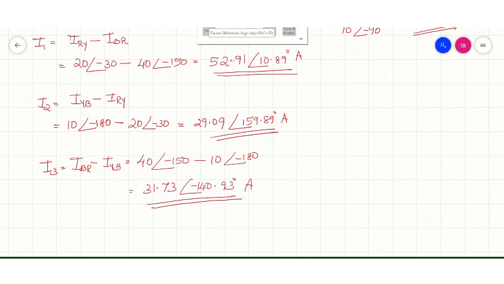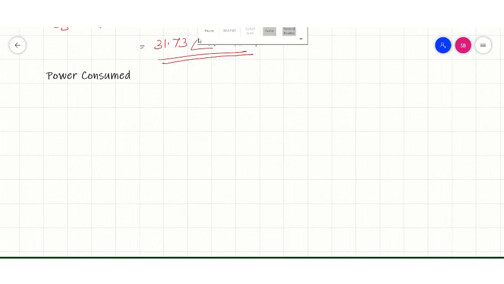Then we have to calculate the power consumed. In the question, it is asked to calculate the power consumed also. Here we have 3 phases, so we have to consider the power consumed in all the 3 phases.